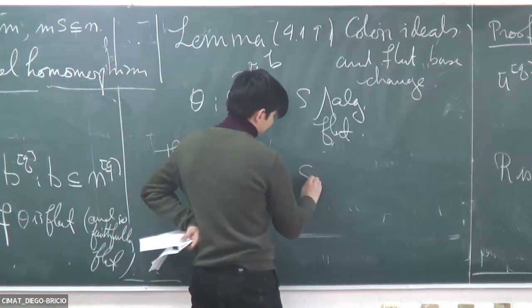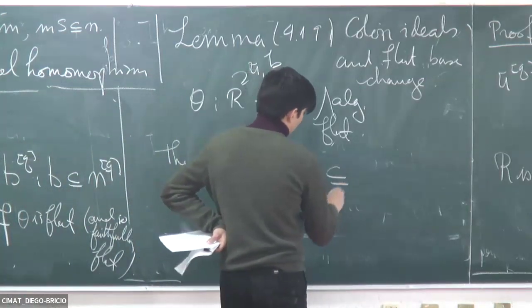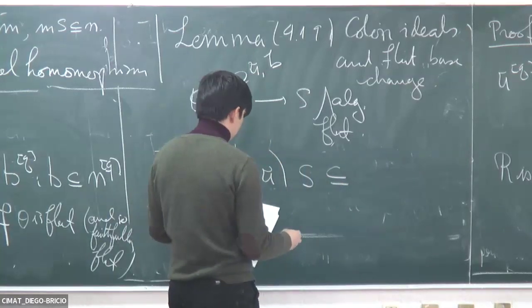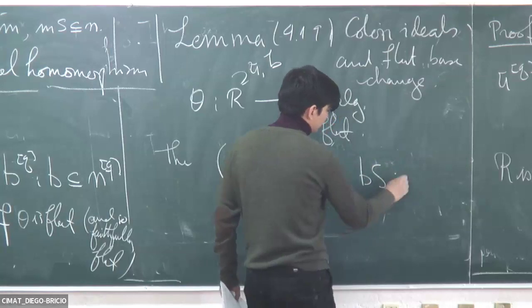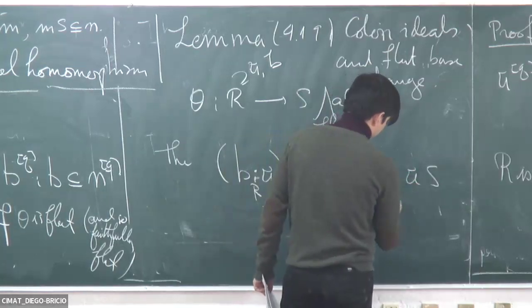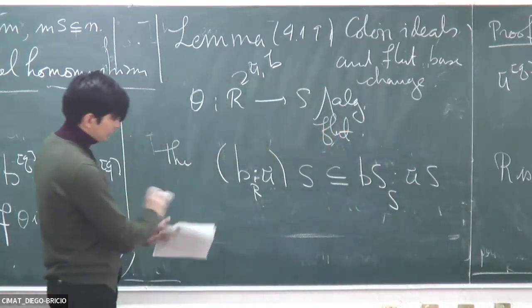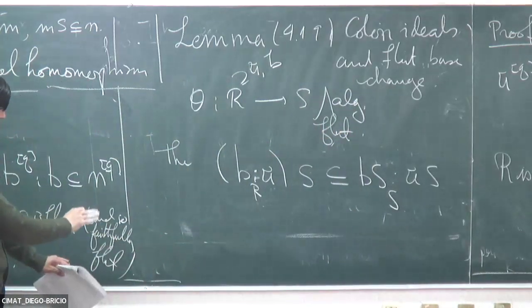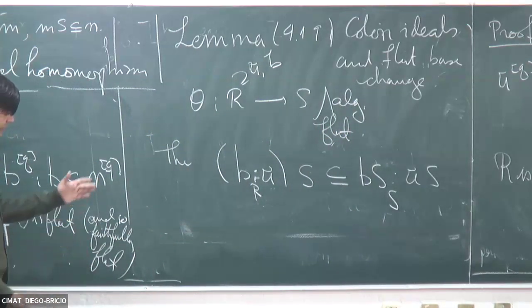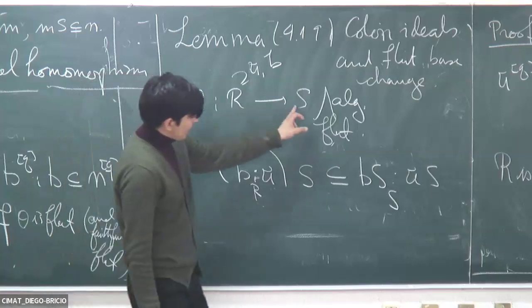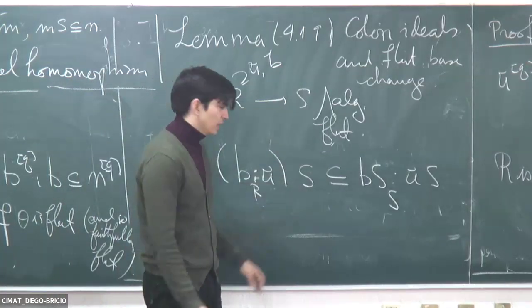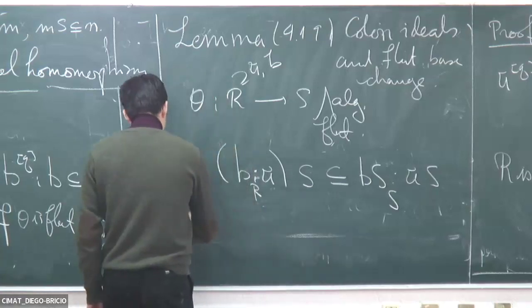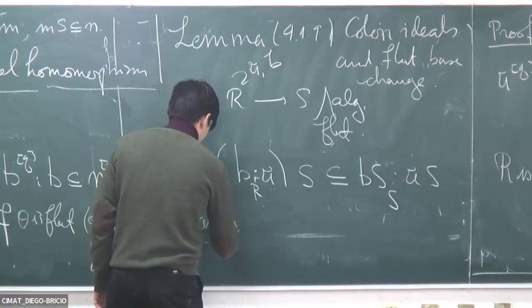You can extend it to S, and automatically you get that it's going to live inside the colon of the extensions. This direction is nothing goes into it. So the claim is that because this is flat, this inclusion is an equality. Then this thing is an equality.